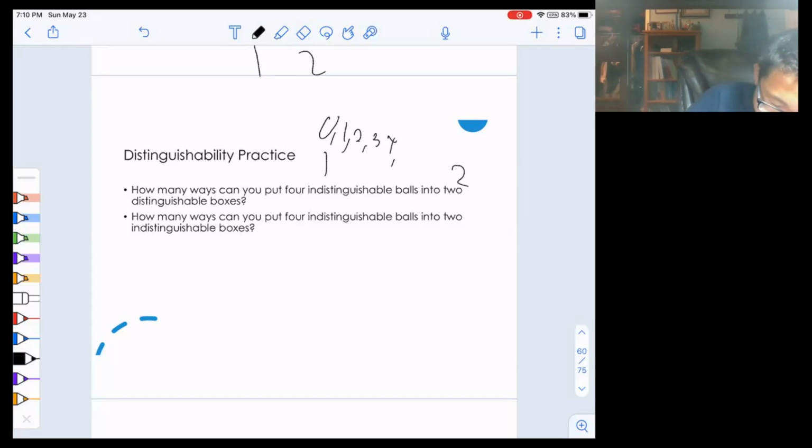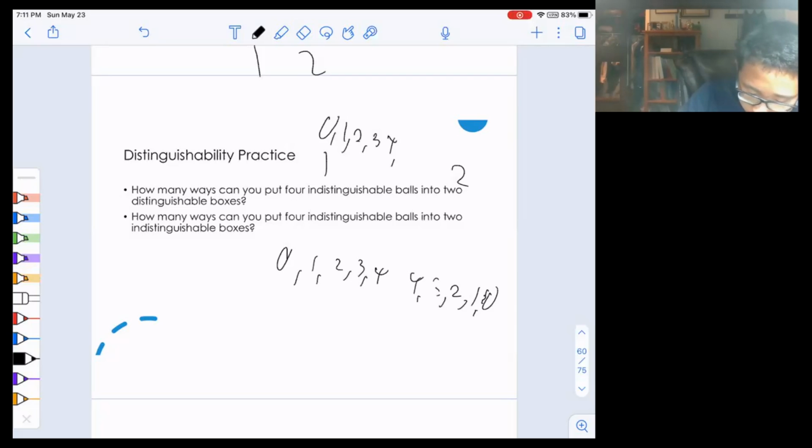So how many ways can we put 4 indistinguishable balls into 2 indistinguishable boxes? First we think about how many balls can go into the first box: 0, 1, 2, 3, and 4. The other box would have 4, 3, 2, 1, 0.